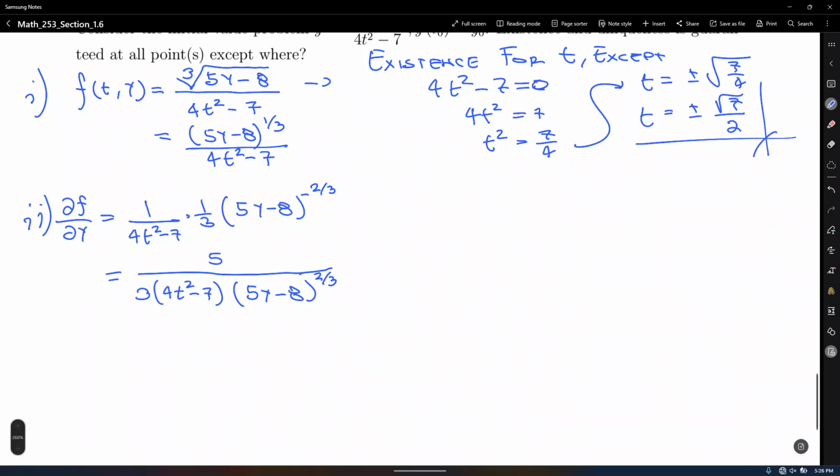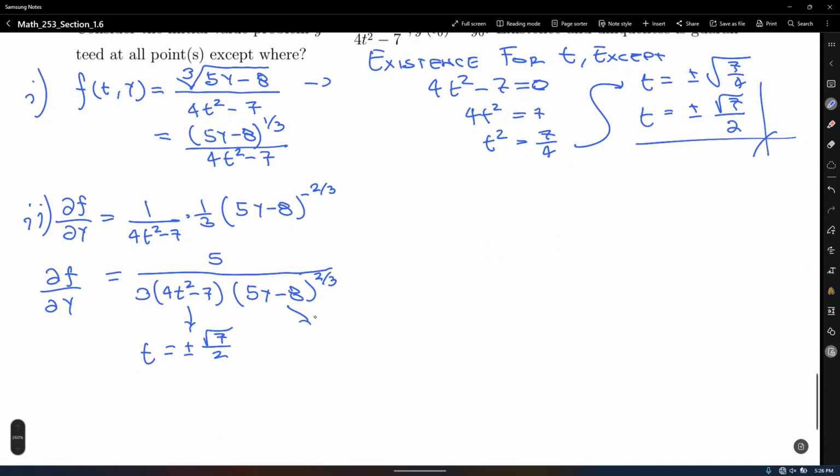Now we need to look jointly at what values of t and y make this undefined. If we exclude these values, this differential equation will have existence and uniqueness of a solution except for those values. For these, didn't we already get that t equals plus or minus root of 7 over 2?